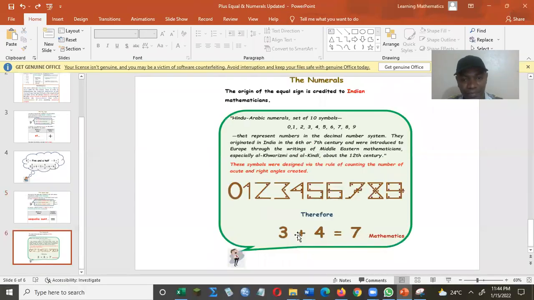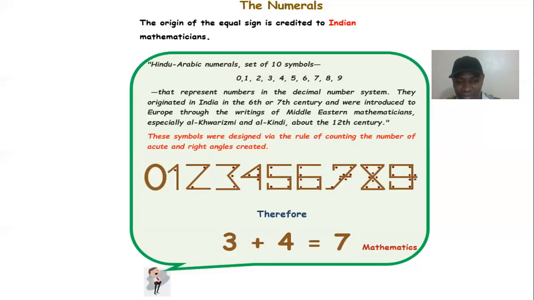Okay. 3 plus 4 equals 7, and we call it mathematics. But that's what we say. If you speak in Latin, you will say "3 et 4 aequalis 7." If you speak in French, you say "3 et 4 égalent 7."